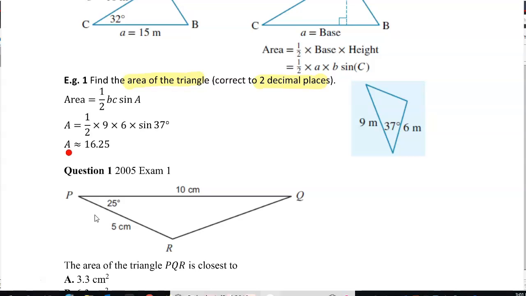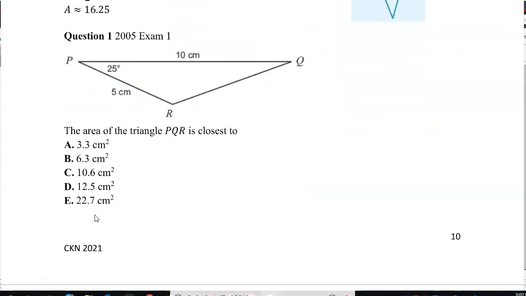So the area of the triangle is 16.25 meters squared. Okay, so this is from the 2005 exam 1, so multiple choice. This is a question 1, so of course considered in the easy category.